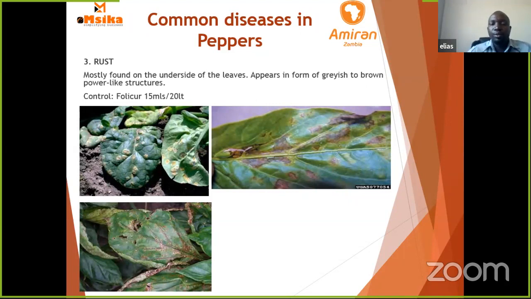This should not worry farmers out there, because solutions are there. You can simply use Folica. Folica is another name for Orias, which has an active ingredient of tebuconazole. So you can use Orias to control rust at a rate of 15 mils per 20 liters of water.